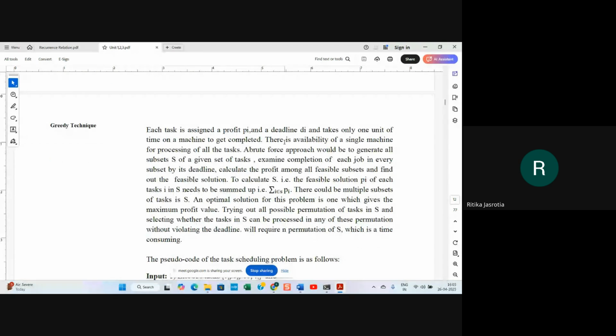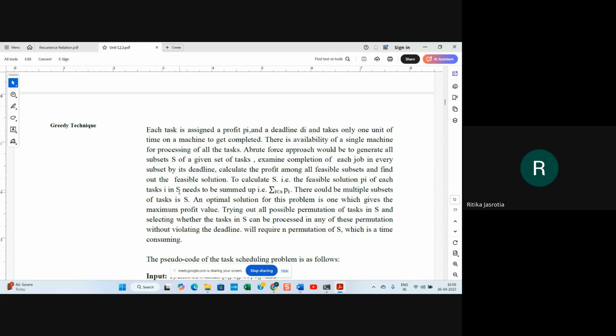A brute force approach would be to generate all the subsets S of a given set of tasks, examine completion of each job in every subset by its deadline, calculate the profit among all feasible subsets, and find one feasible solution. To calculate S, that is the feasible solution, Pi of each task i in S needs to be summed up.